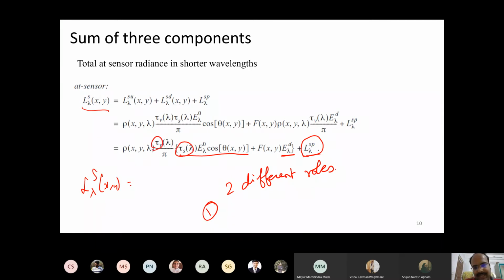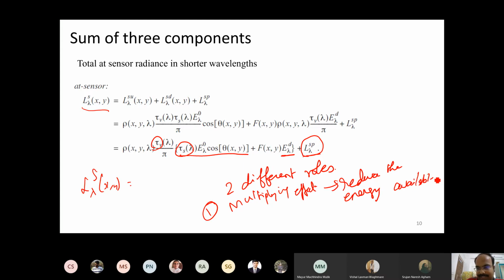Transmissivities are nothing but a multiplicative factor, a multiplying effect, but essentially the factor is less than 1, and hence it will reduce the energy available, whether it is coming down towards the surface or going towards the sensor. A multiplicative factor less than 1, which will reduce the energy available.